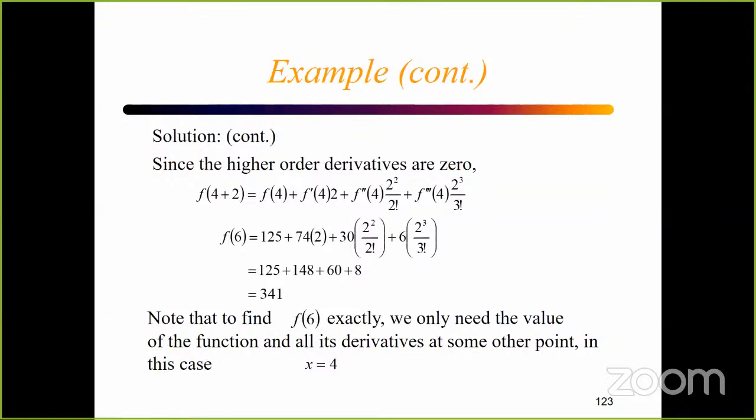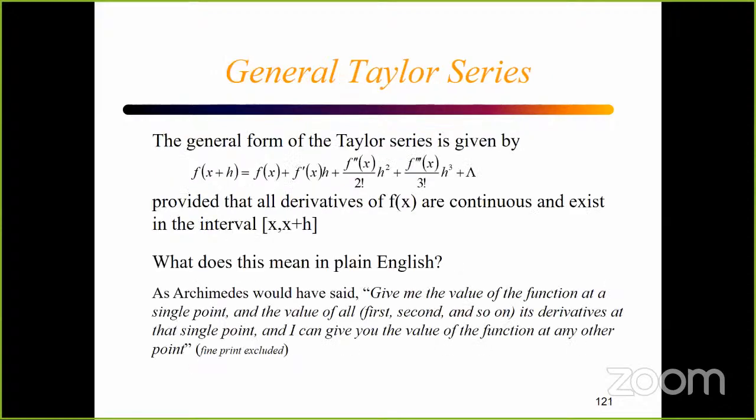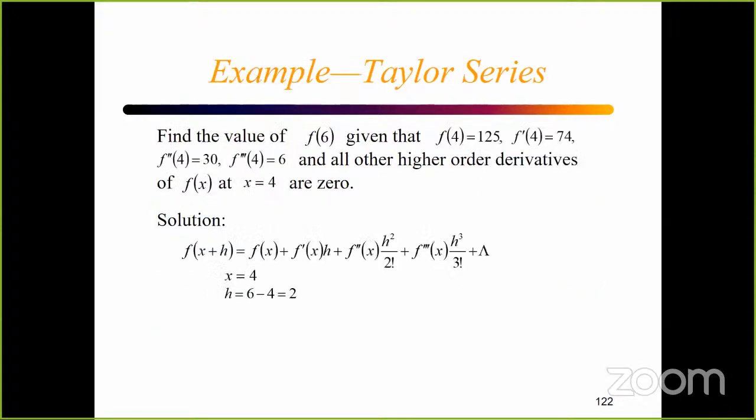Therefore f of 4 plus 2 is equal to f of 6. We'll get 341. Note that we only need the value of the function and all its derivatives at some other point. In this case, f of 6 is 364, what we got out of it.